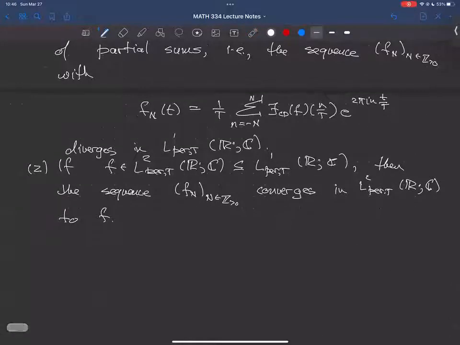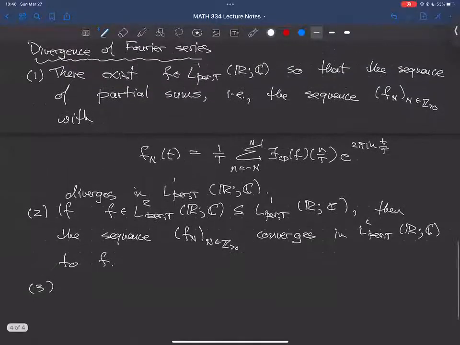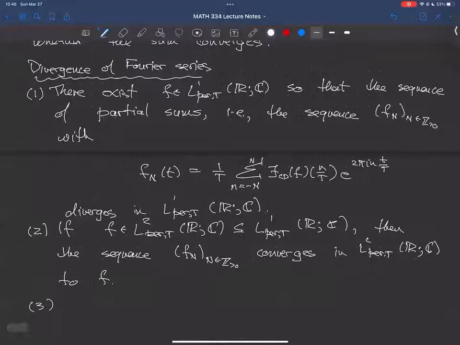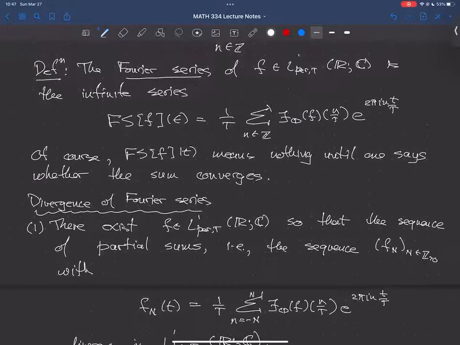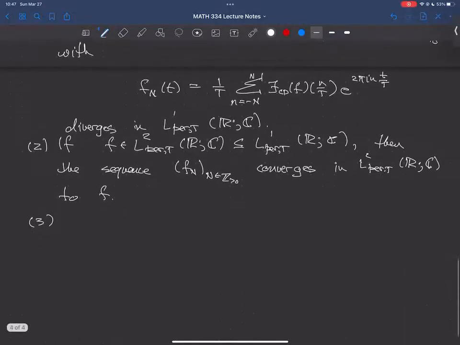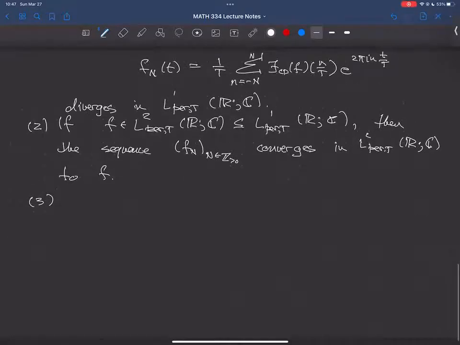Because the next thing. This was known fairly early in the history of Fourier series, as was this. More recent work had to do not with convergence in norm, but with pointwise convergence.